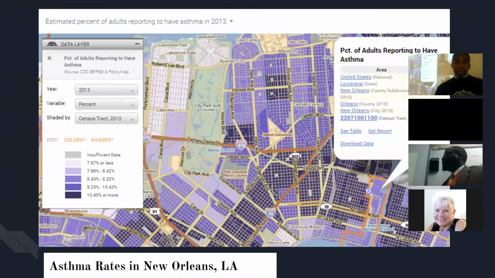So now here is Joey's zoomed in map. She's zooming in here to the Lower Ninth Ward community. And if you notice, the dialog box looks at the percent of adults having asthma in this specific census tract in and around the Lower Ninth Ward.